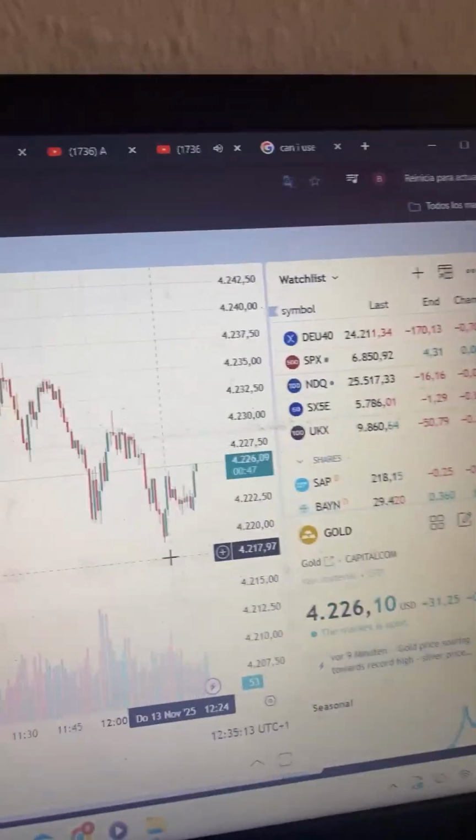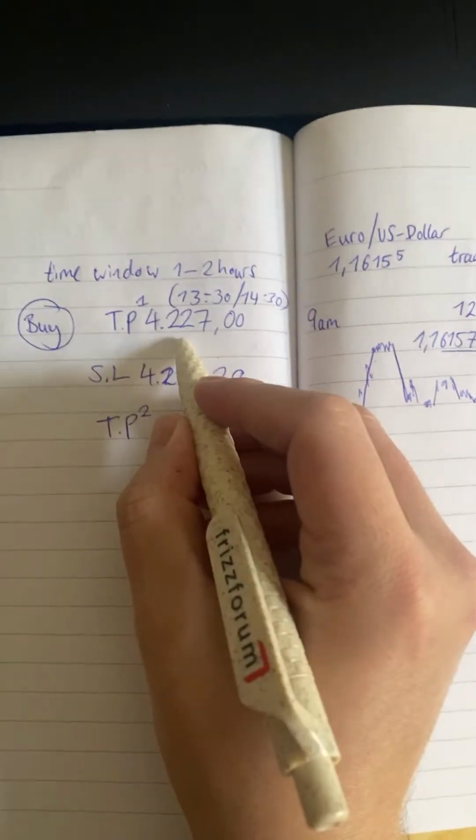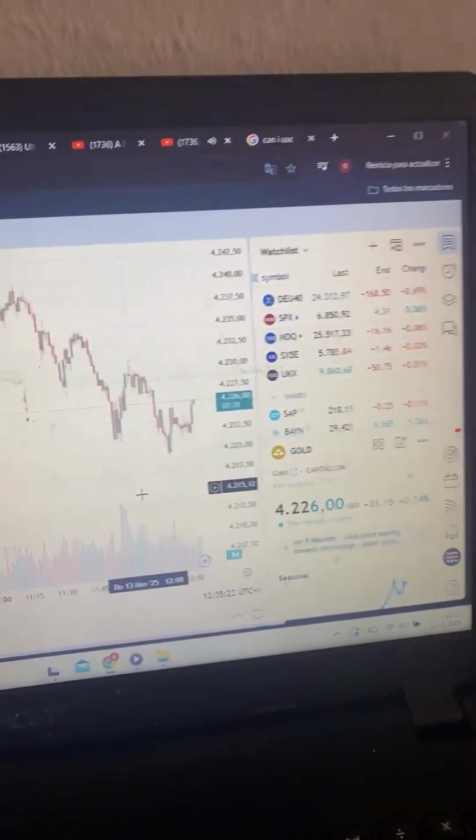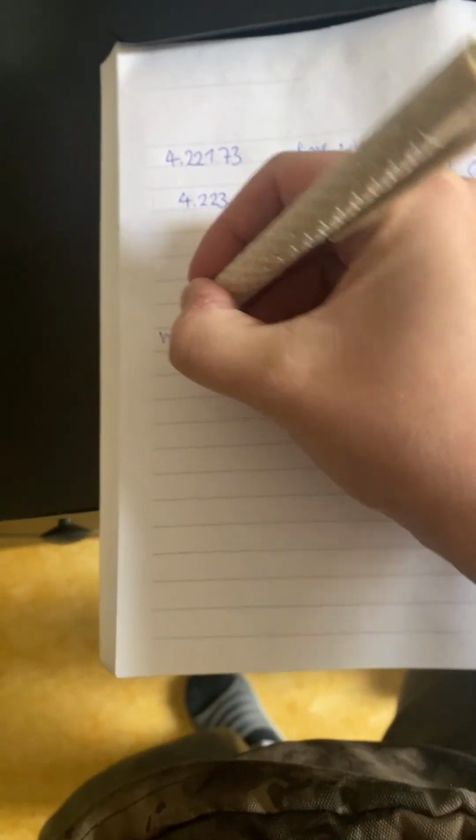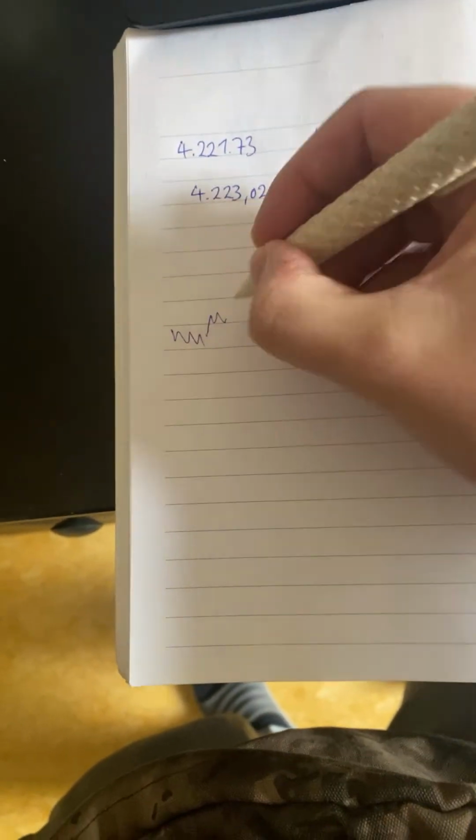Okay, so gold is a buy. It's at 4226 now. Oh wow, that happened quite quickly. See, look, guys, this is what I'm talking about. So my first take profit, 4227. Gold is now at 4226. So just for the sake of time, I don't have a lot of time, we'll do just a rough drawing here.